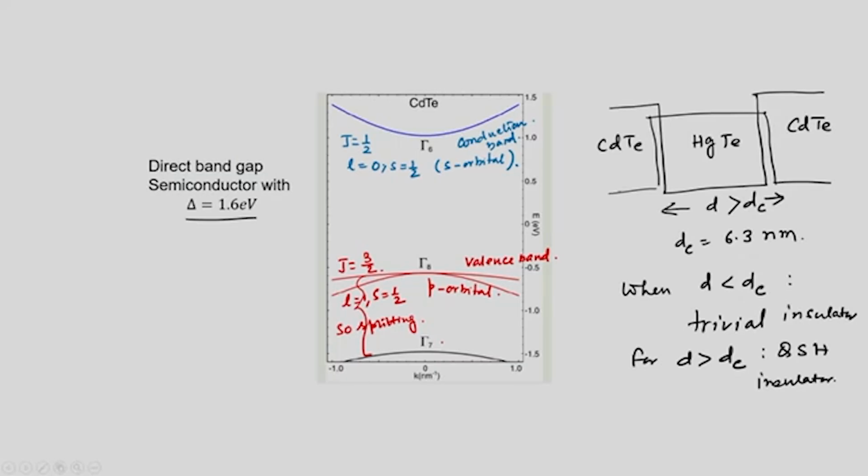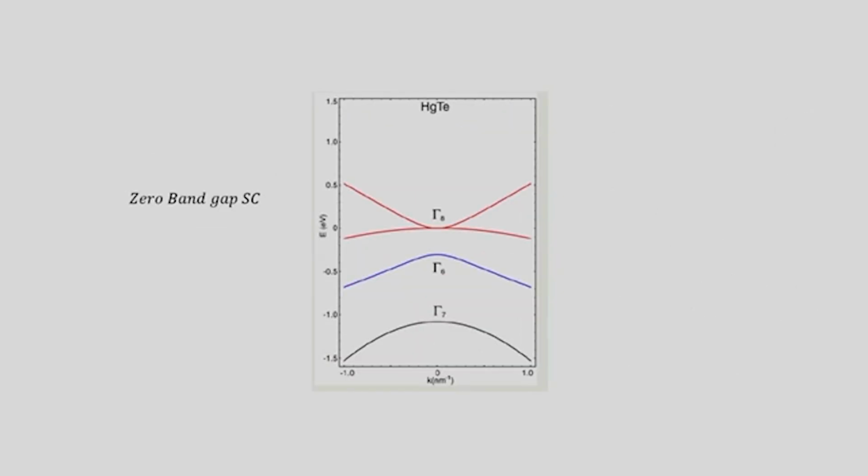The only things that are important in this quantum well structure are the gamma 6 band and the gamma 8 band. So, this is a sort of well behaved semiconducting system. Its conduction band is above the Fermi level, and the valence band is below the Fermi level.